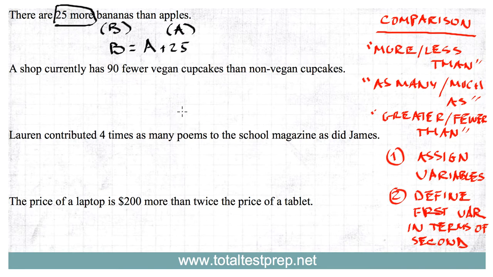Now this may seem a little counterintuitive because the 25 more is next to the bananas, so you might want to say, why isn't 25 plus B equal to A? The easiest way to see that we've written this correctly is to plug some numbers in. Suppose there's 10 apples.